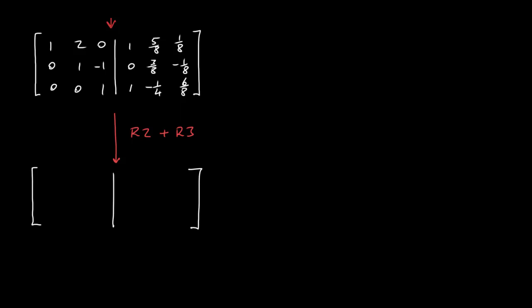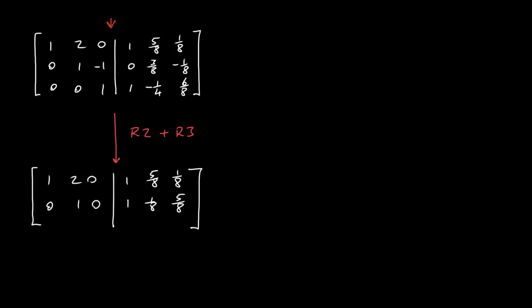So row 1 remains the same again. So we've got 1, 2, 0, 1, 5 eighths, 1 eighth. We want to take row 2 and add row 3 to it. So row 2 now will become 0, 1, 0. And over here we'll get 1, 1 eighth, and 5 eighths.